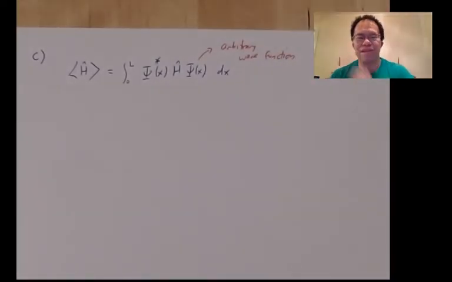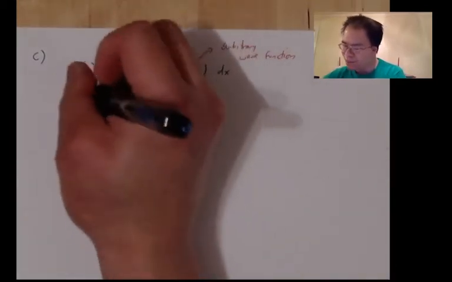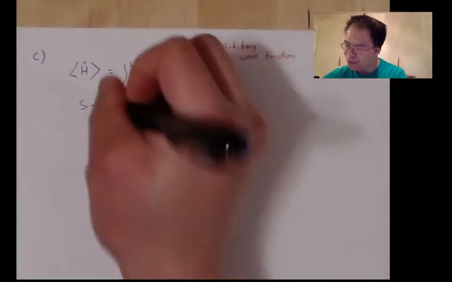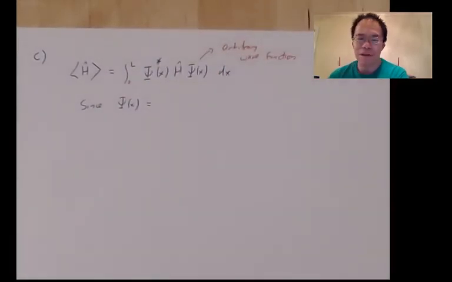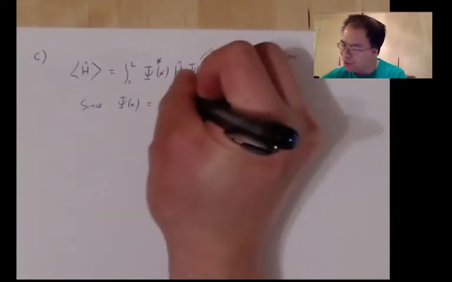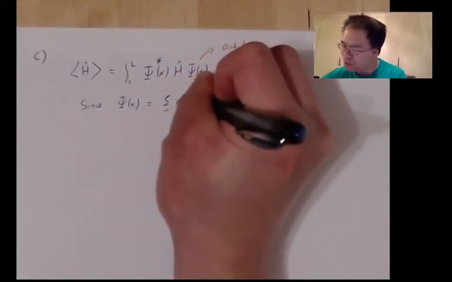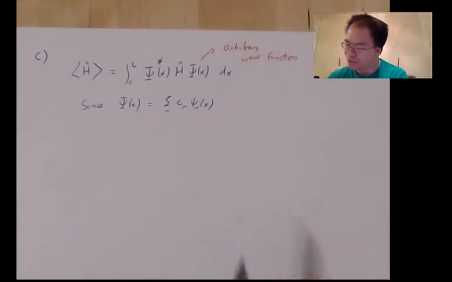So the game is pretty similar to what we've done before, only now we end up invoking the time-independent Schrodinger equation. So once again, we'll write our arbitrary wave function as a sum of stationary states, right?